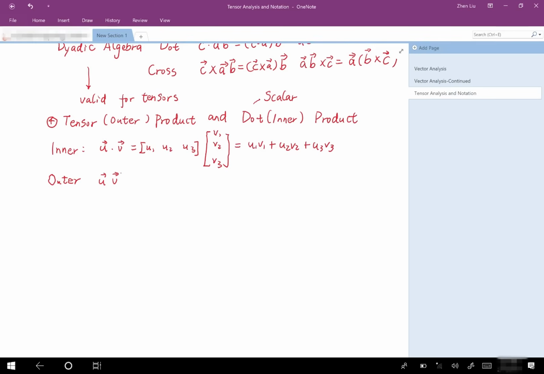So what's the result of it? First transpose both of them: U1, U2, and U3, and then V1, V2, and V3. Right? So we will get something like U1V1, U1V2, and so on, a 3 by 3 matrix.